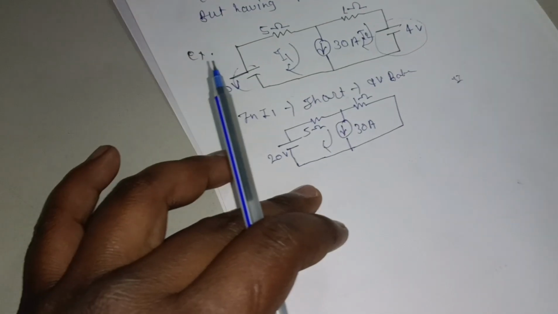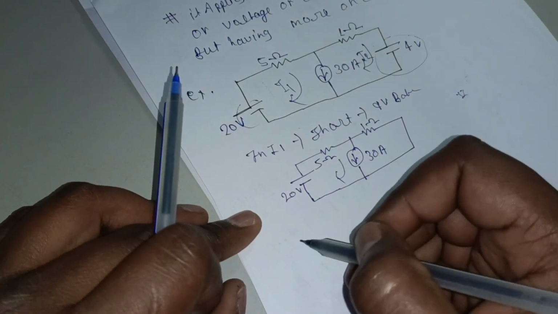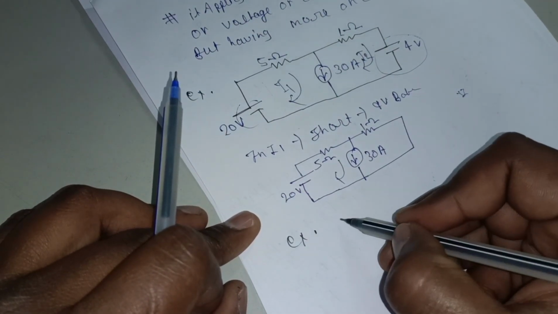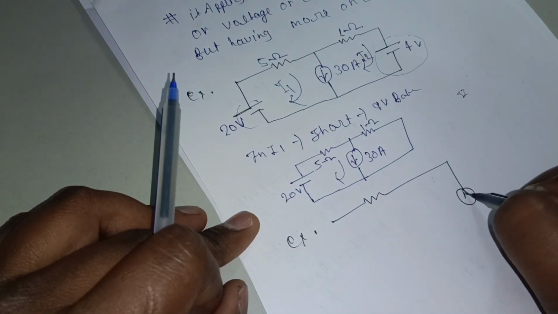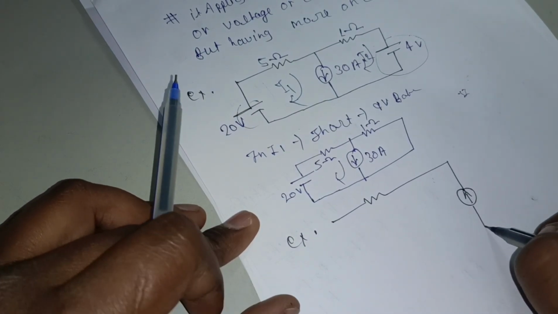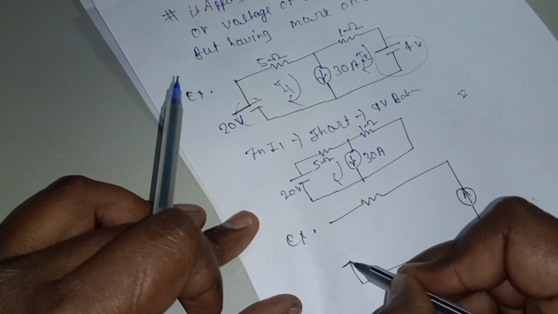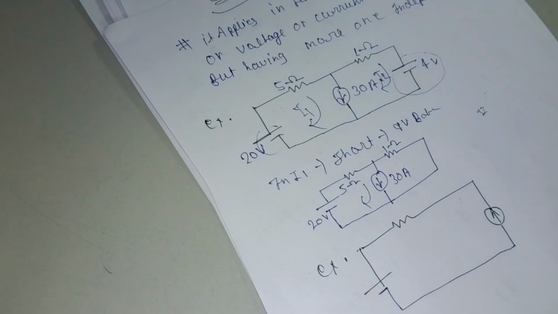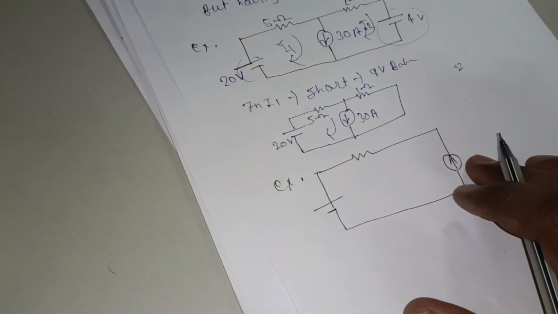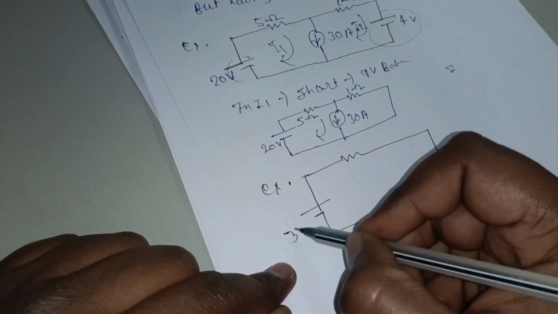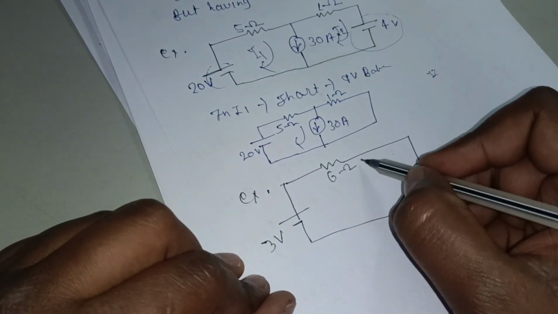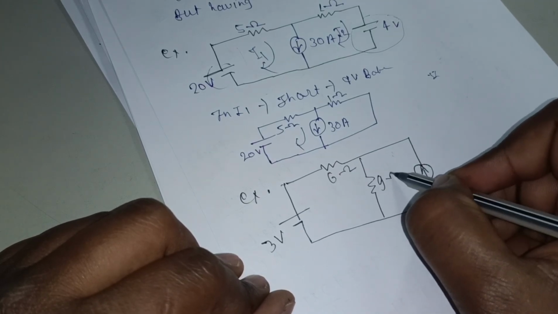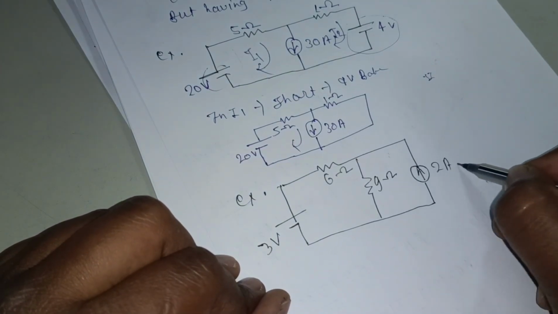So now we can also take another example. This is 3 volt battery, it is 6 ohm, it is 9 ohm, it was 2 ampere battery.